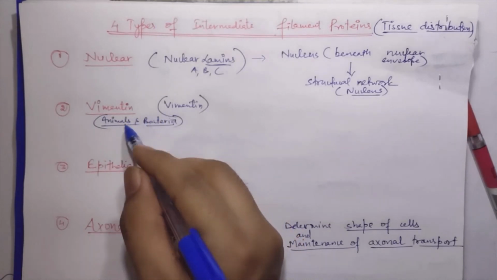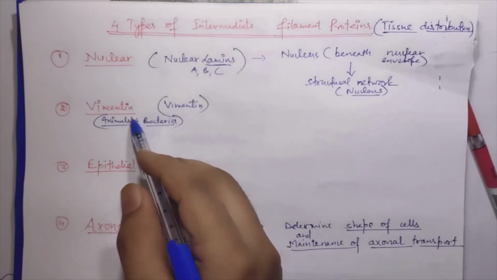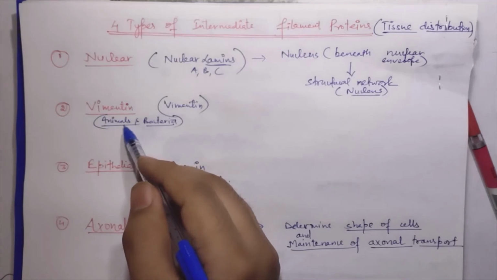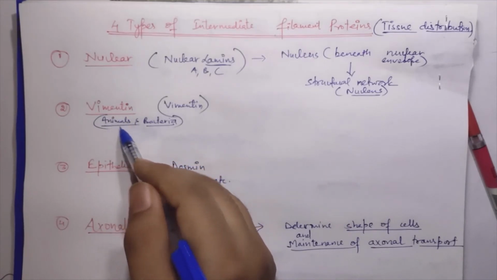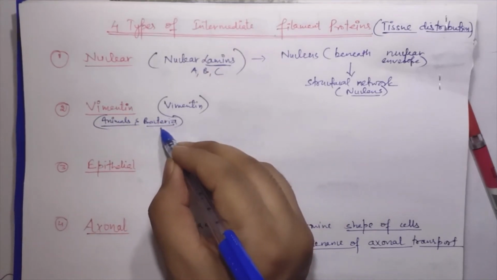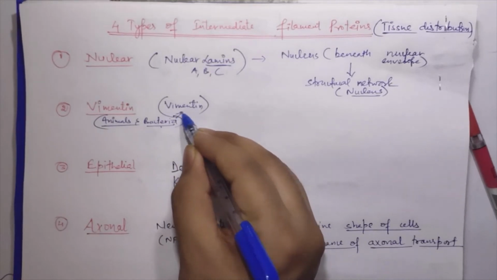The second type of intermediate filament is vimentin-like. They are the most diverse type of intermediate filaments, as they are found both in eukaryotes as well as in prokaryotes. In bacteria, these vimentins have been observed.